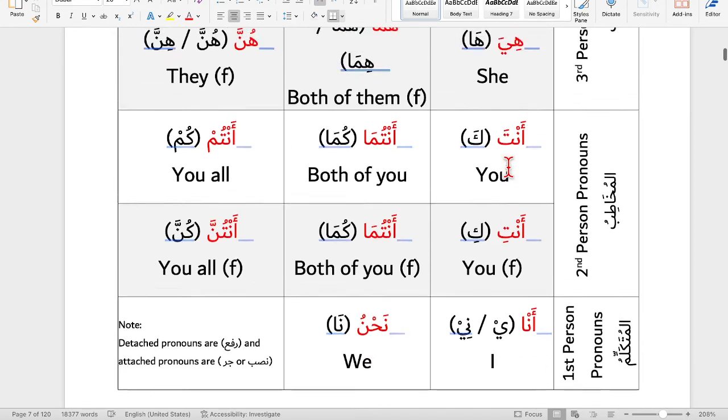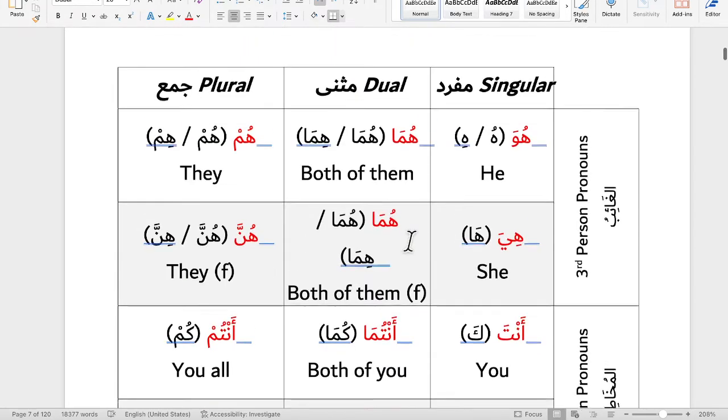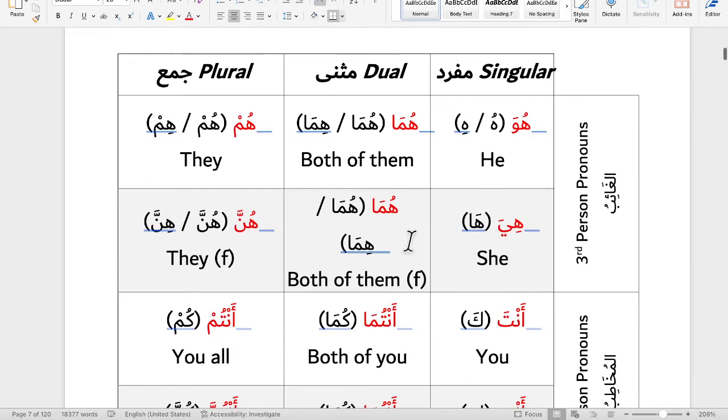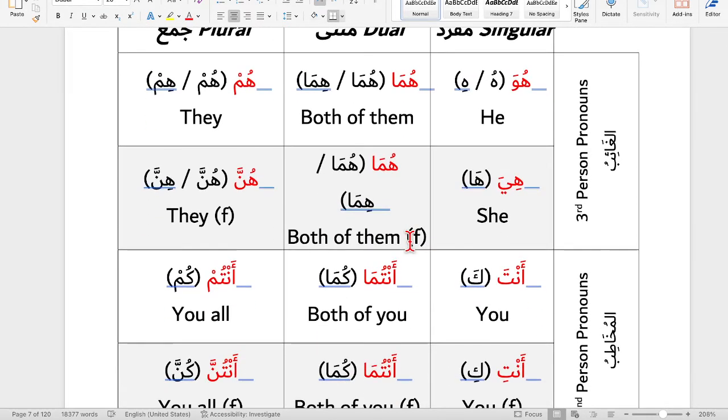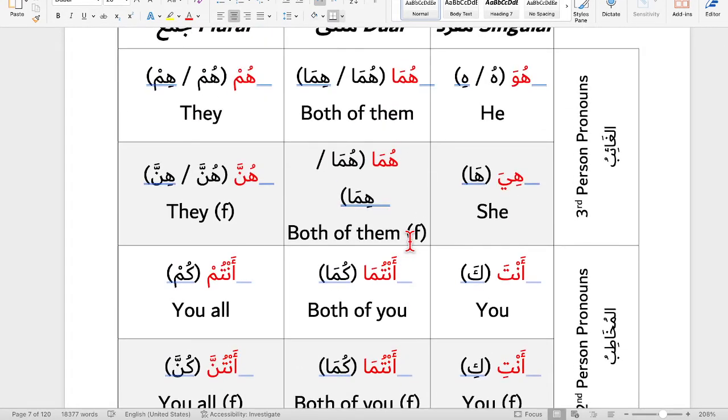In the second person, if ka is attached, it becomes the attached form. Separately it will come as anta. Attached comes with the ka. Antuma, if kuma is attached, is the same as antuma, but this is attached. Antum, kum; anti, ki; antuma, kuma; antunna, kunna; ana, nahnu. So this table also needs to be memorized, both for the attached and detached.